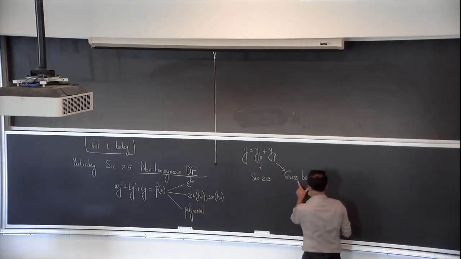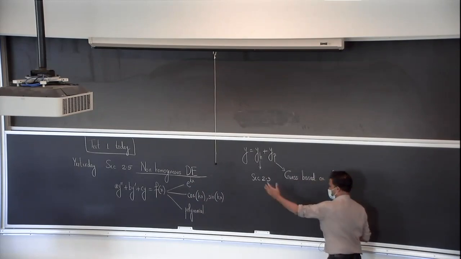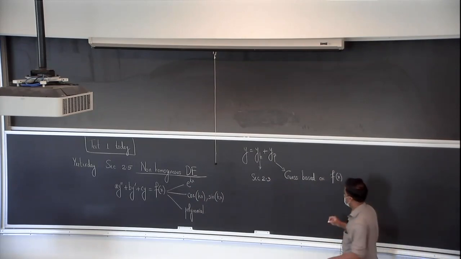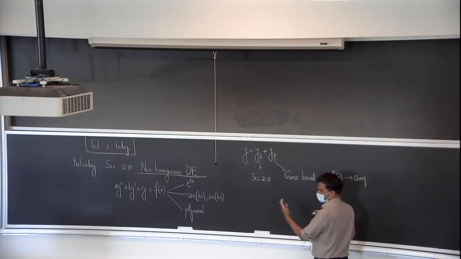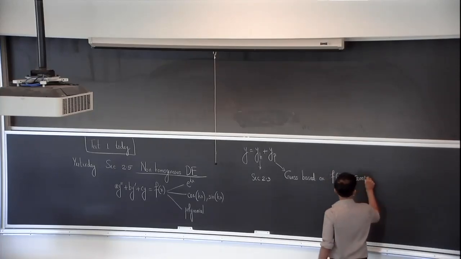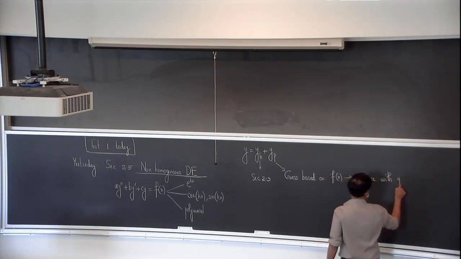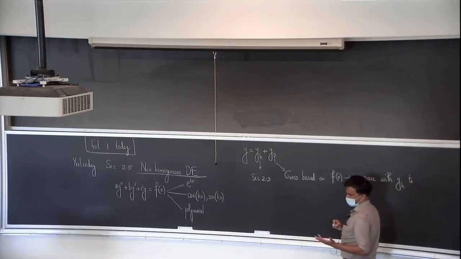And then make a guess based on f of x. But you don't want to just do a lot of unnecessary work without knowing that is right or not. Then compare, just a visual comparison. You don't have to do anything fancy here. Compare with YH to make sure that there is no linearly dependent terms.